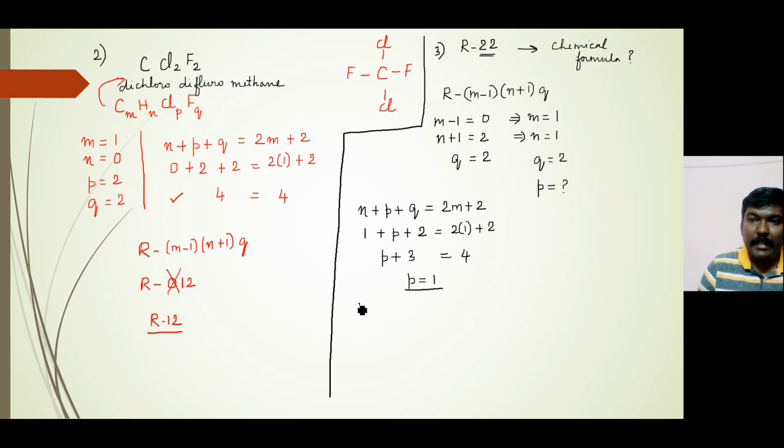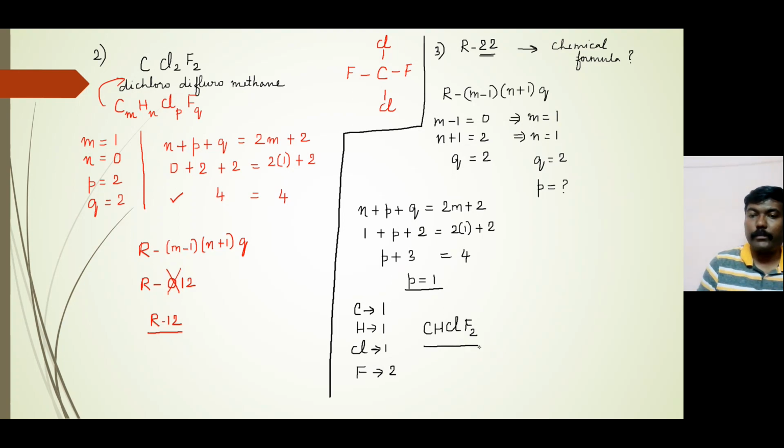So how many carbon atoms do we have? The number of carbon atoms is 1. The number of hydrogen atoms is 1. The number of chlorine atoms is 1. And the number of fluorine atoms is 2. So it is CHClF2. So R22 stands for CHClF2.